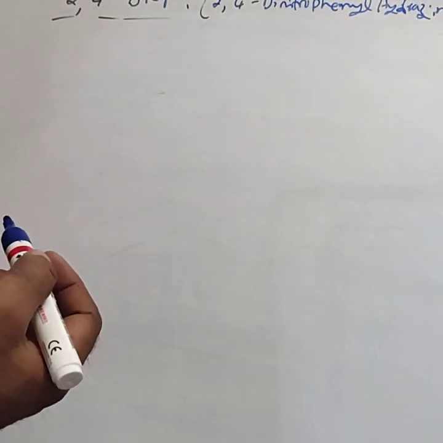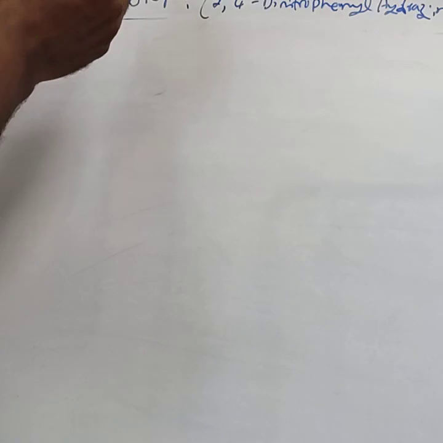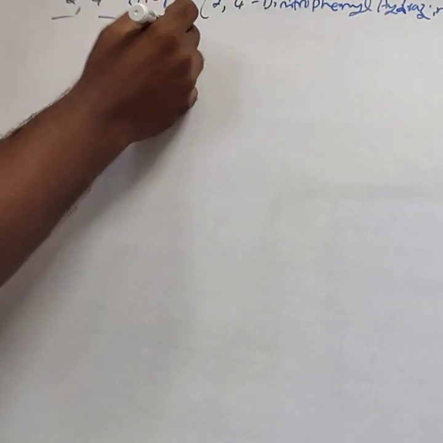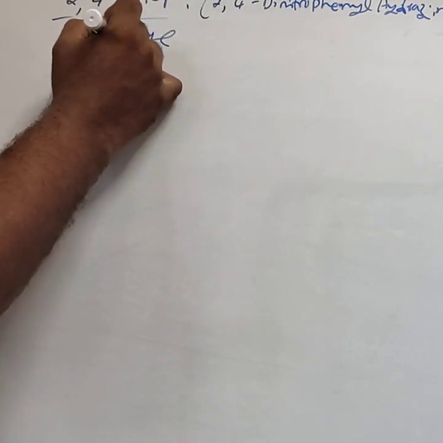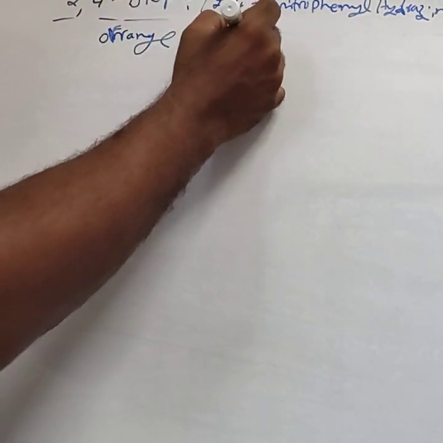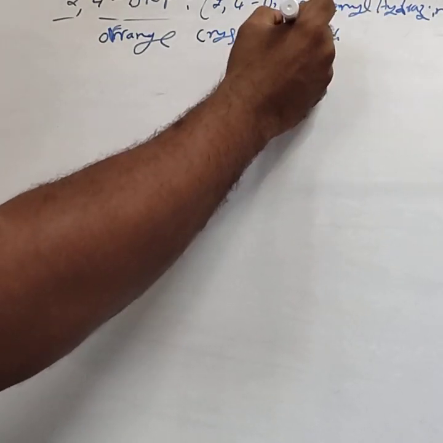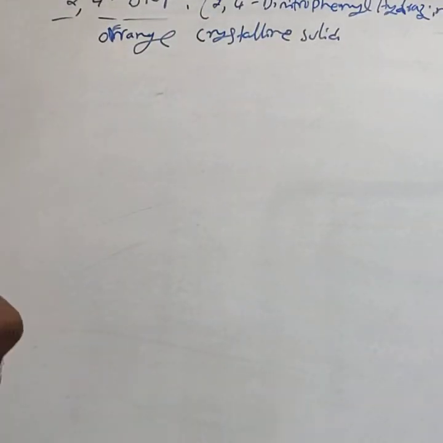If carbonyl compounds are treated with 2,4 DNP, we get an orange crystalline solid. Both aldehydes and ketones answer this 2,4 DNP test.